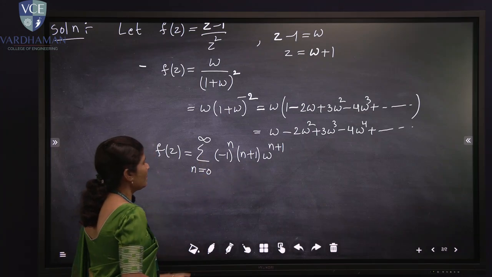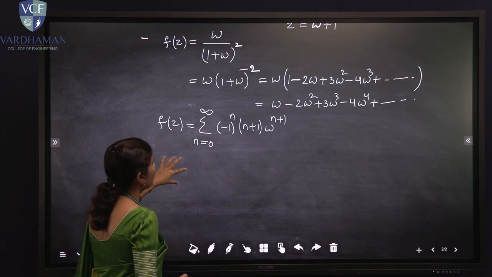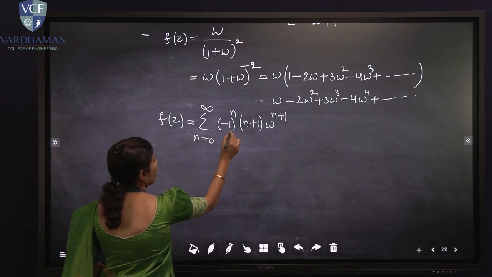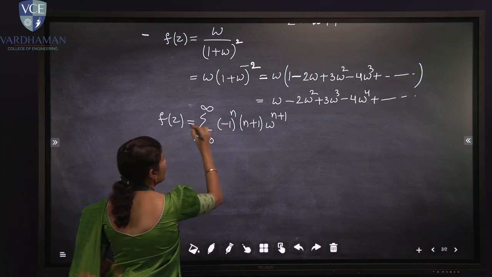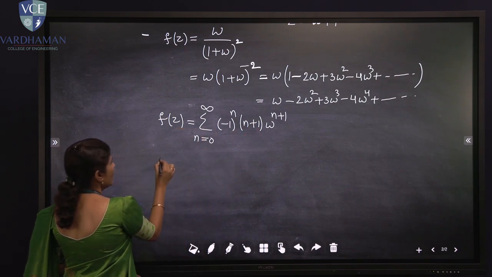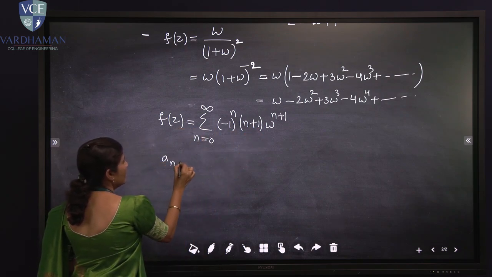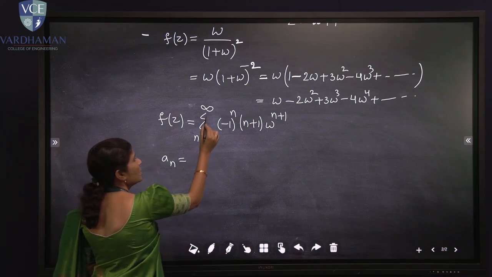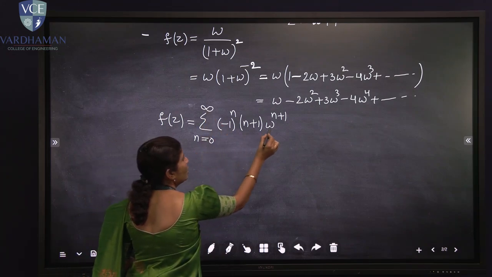Now after writing the summation, I want to calculate the radius of convergence. In this expansion I will compare this complex power series with an. The complex power series is in the form of summation n equals 0 to infinity an into f of w.